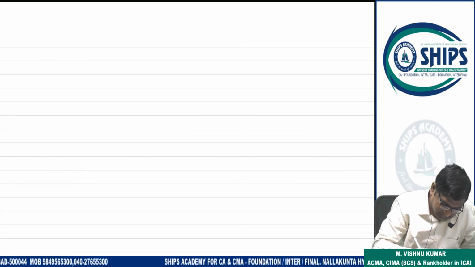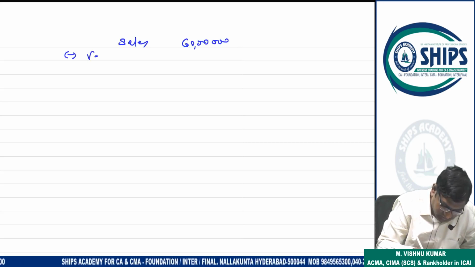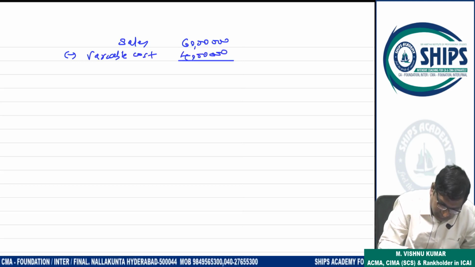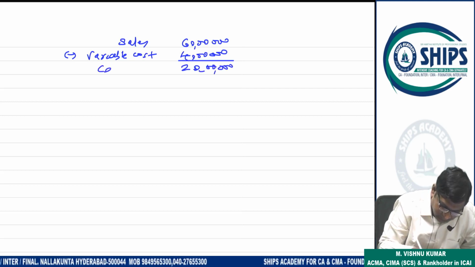So first item, sales 60 lakhs, variable cost 40 lakhs. So 20 lakhs is what? Contribution.